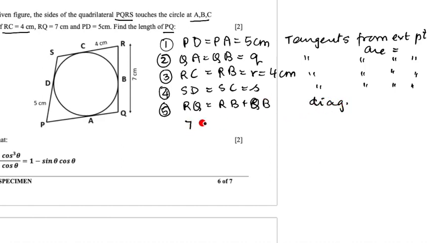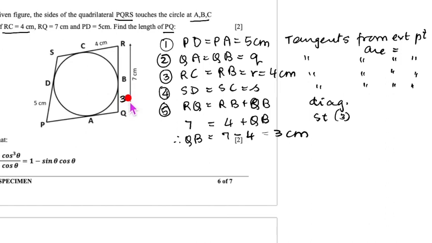So RQ is 7 centimeter, equal to RB and RC, which are 4 centimeters, plus QB, from statement 3 where we said RB is 4 centimeters. So that will give us QB equal to 7 minus 4, which is 3 centimeter. Now this 3 centimeter is also equal to AQ.